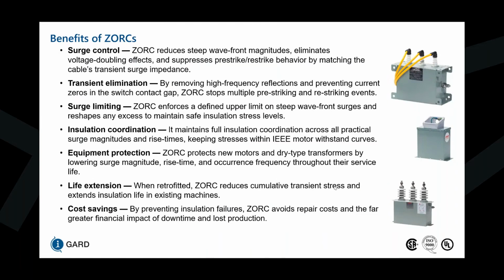With the ZORC, you're basically diverting the power from the phases to ground when there's a transient occurring, and it's acting to kind of reduce these steep wave fronts and be the one where all of that transient basically gets redirected through the ZORC to ground.